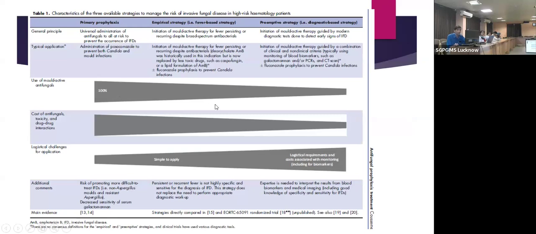But preemptive and empirical are very resource intensive therapies. A lot of expertise is needed. A lot of resources are needed. Very advanced techniques and technology are needed. That is the problem. Though they reduce the antifungal and antibacterial drug use very much, the problem is they are very resource intensive.